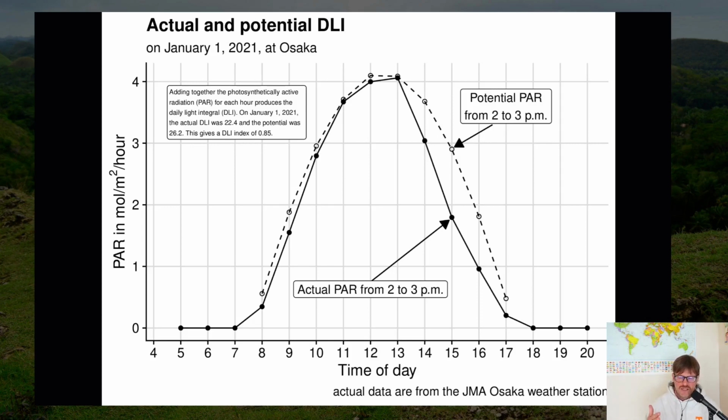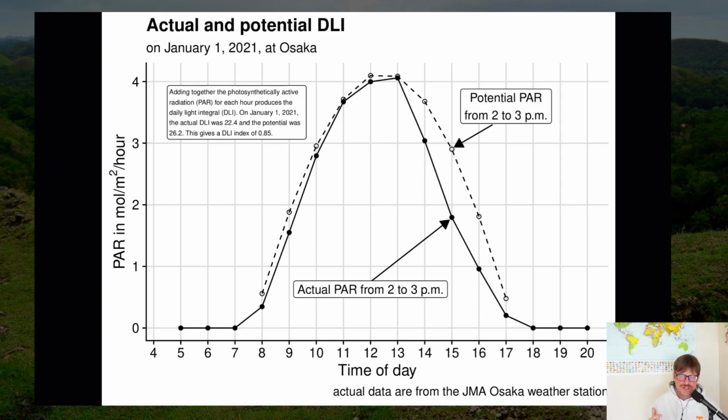And so we've got two things. We've got what your actual DLI is, and then we've got your potential DLI. And that gives you something that can be expressed on a percentage basis, which is kind of similar to the growth potential.